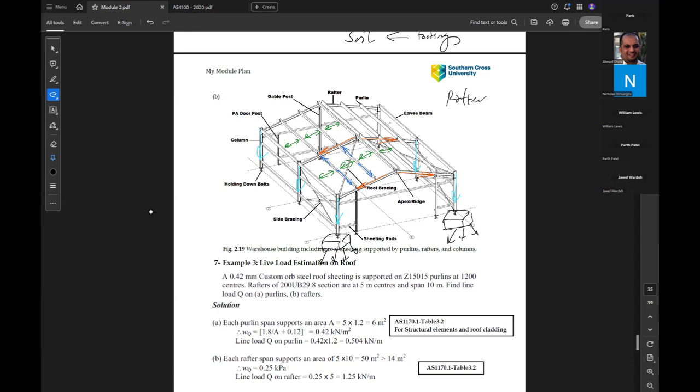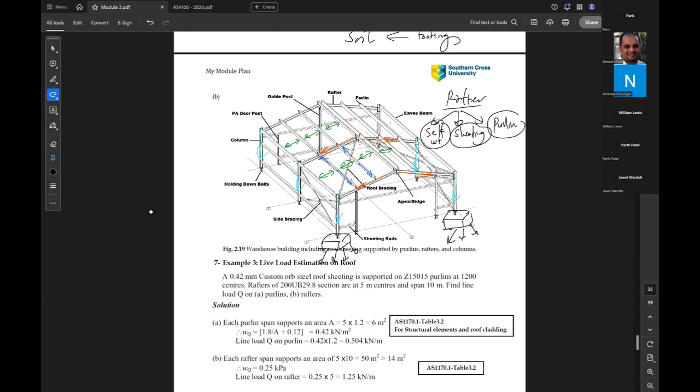And the rafter is carrying three things: self-weight, this is the important thing, right? And also the sheeting and the purlin, right? So the rafter is carrying all the above elements. For example, if we are designing the column, we need to calculate the loads on the rafter and the purlin and the sheeting and transfer all to the column.